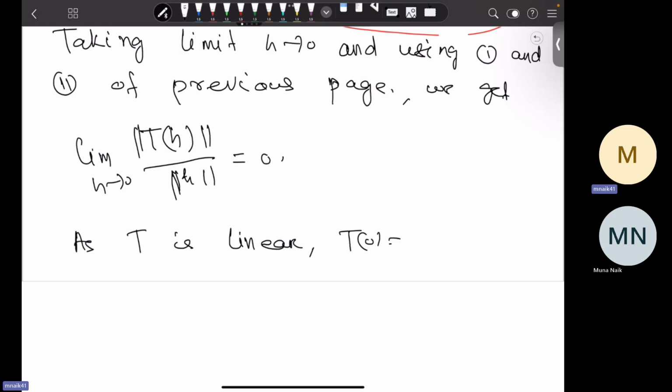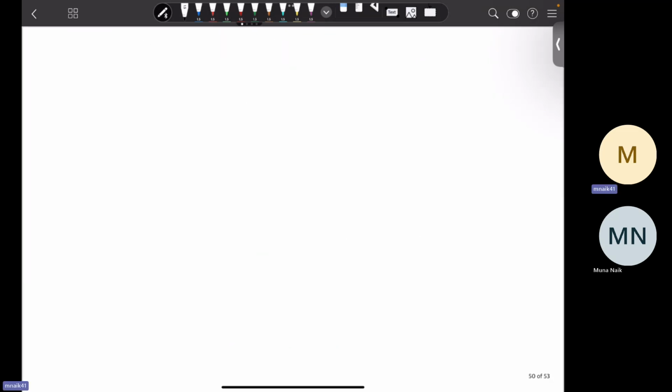This is clear. So let 0 not equal to b belongs to Rn. Then limit t tends to 0, tb is equal to 0.